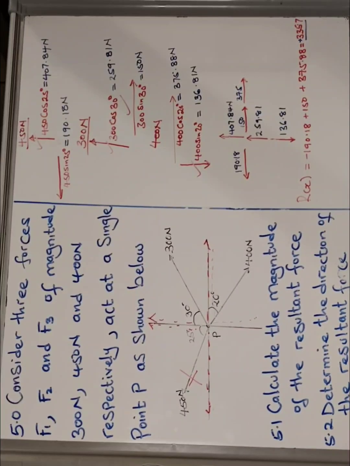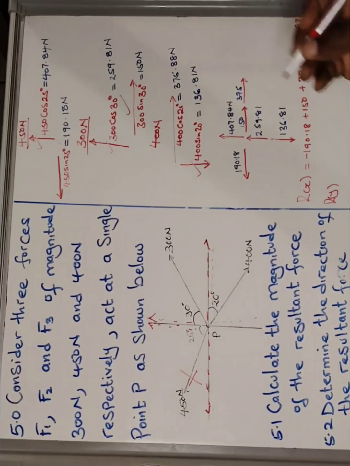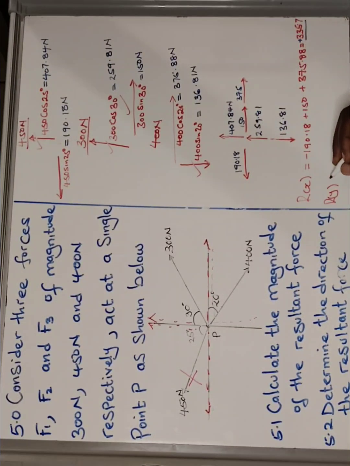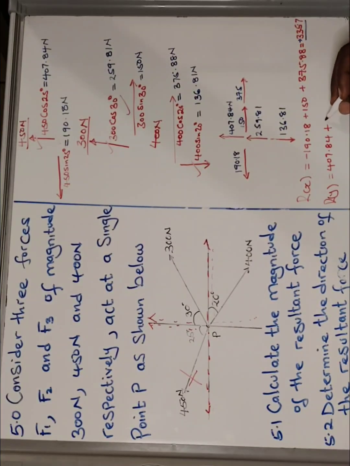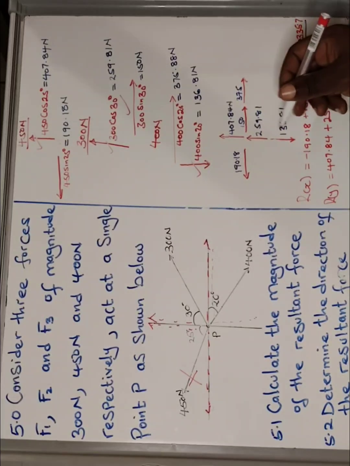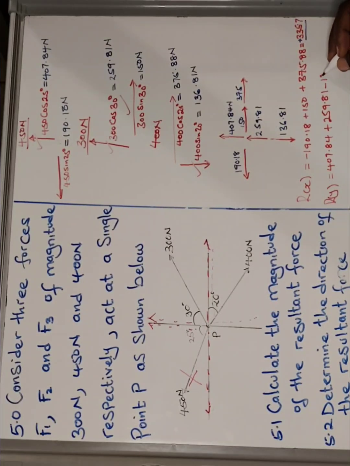Then you go for the resultant in the y direction. What do you have? You have 407.84 plus 259.81 minus, because this one is in opposite direction, minus 136.81.